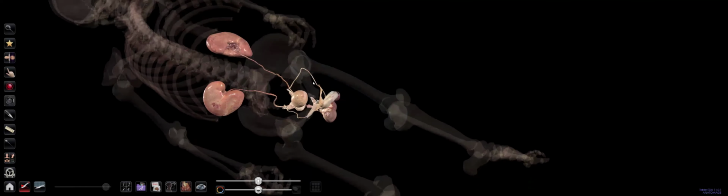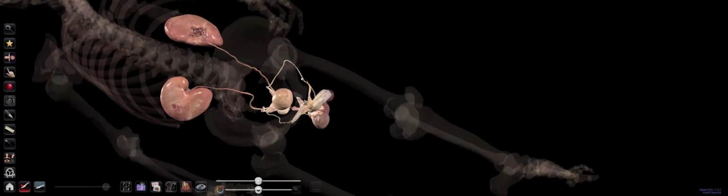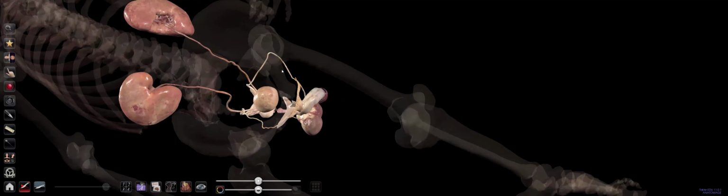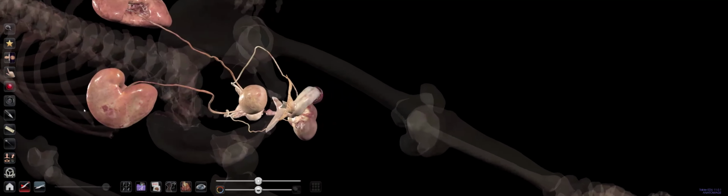Let's go back here. Yeah, that one's hard. I don't know why. There's the ureter. And maybe if we zoom in, there we go. The vas deferens.